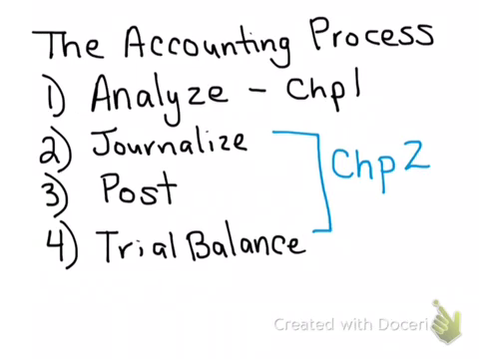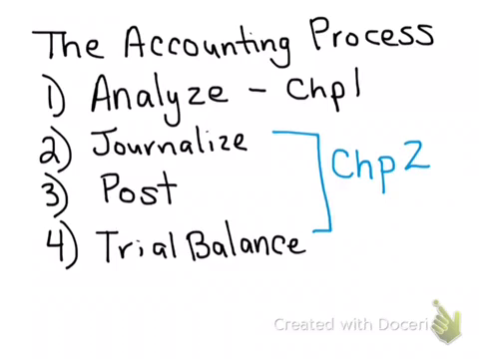The other thing that the chapter is focusing on is that it's a continuation of the accounting process. We actually will be covering the accounting process in chapters 1 all the way through chapter 4. In chapter 1, we looked at how we analyze transactions.